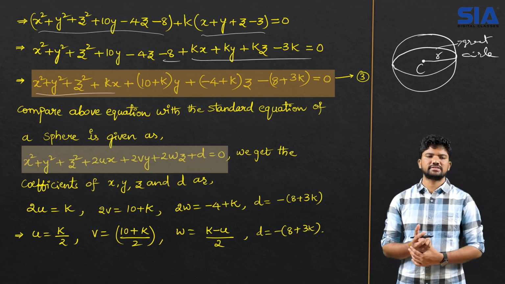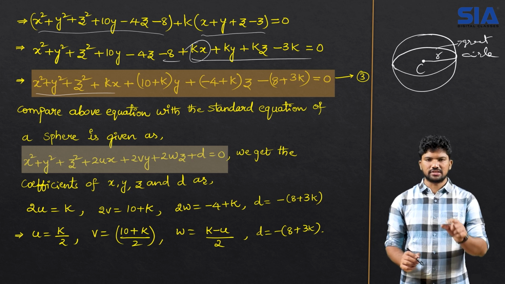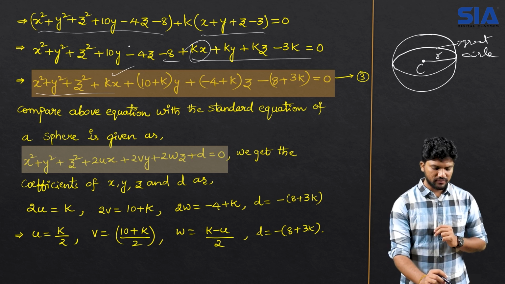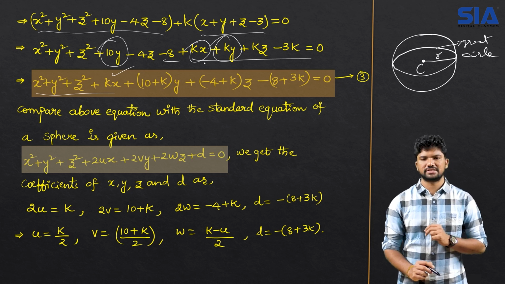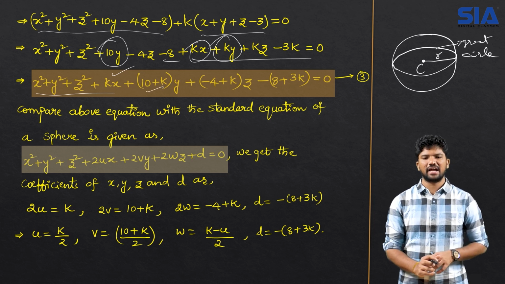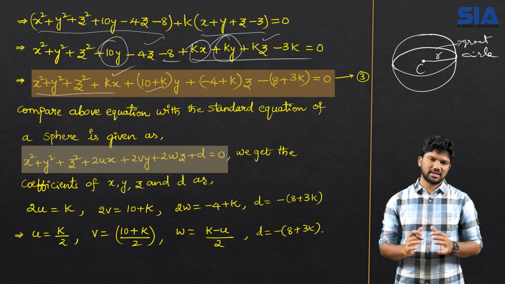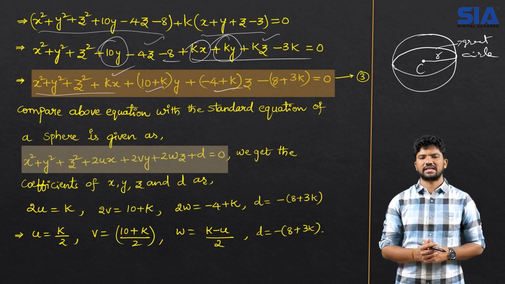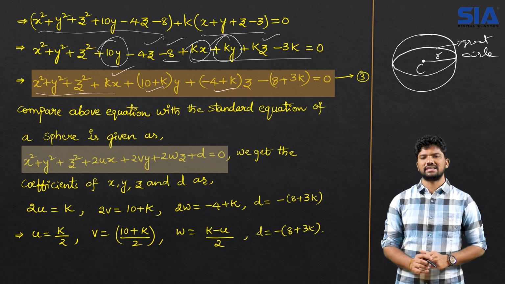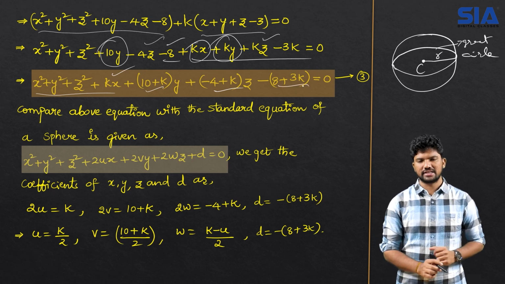Writing x square plus y square plus z square as it is, plus here we have only one x term, that is kx, and we have two y terms. The first term is 10y and the second term is ky. From the two terms take y common, (10 plus k) into y, and one more, minus 4z plus kz, take z common, (minus 4 plus k) into z. The remaining terms are constants, minus 8 minus 3k. From these two values take minus common, minus (8 plus 3k) is equal to 0.